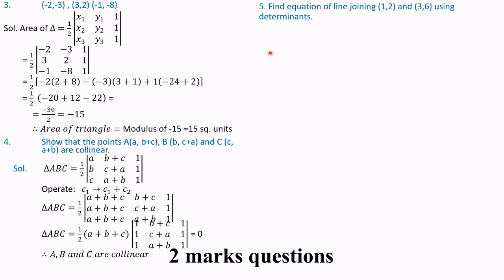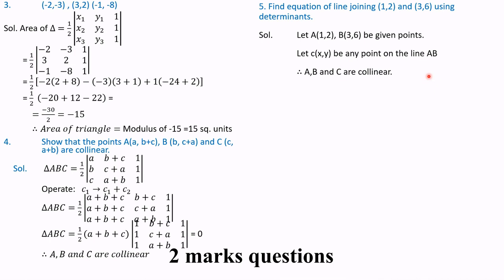Next problem. Find the equation of line joining (1, 2) and (3, 6) using determinants. Therefore, let A (1, 2) and B (3, 6) be the given points. So let C (x, y) be any point on the line AB.